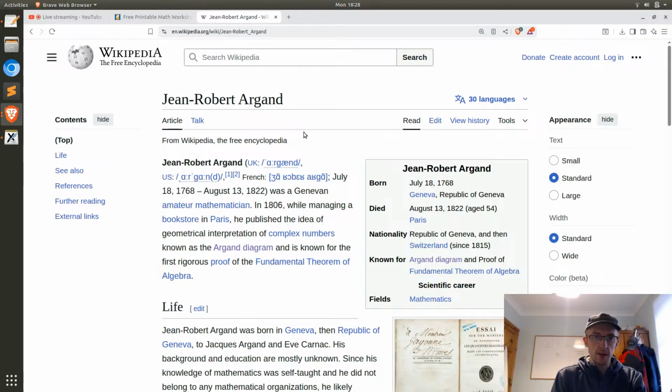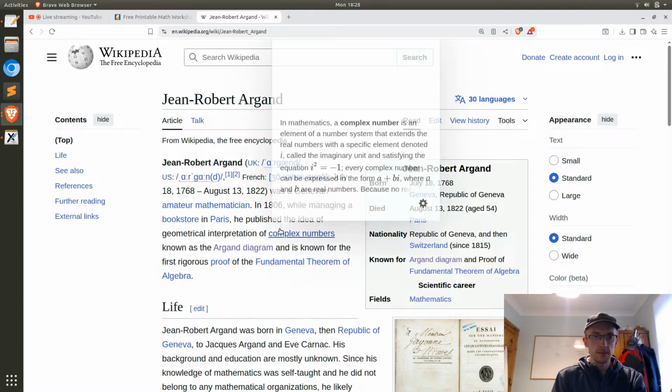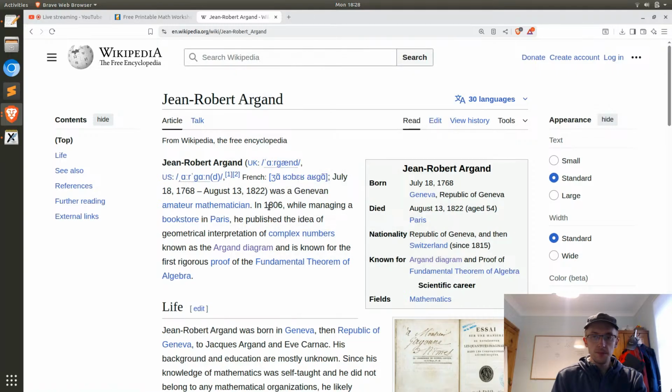This person here. A Genevan amateur mathematician. All right, Genevan. In 1806, while managing a bookstore in Paris, he published the idea of a geometrical interpretation of complex numbers. Wonderful.